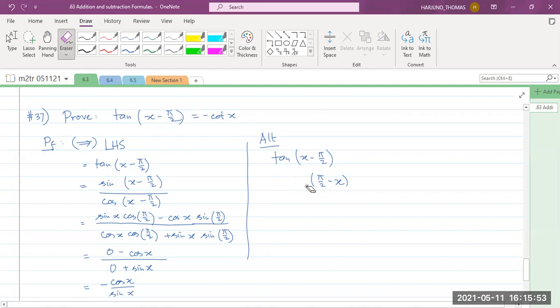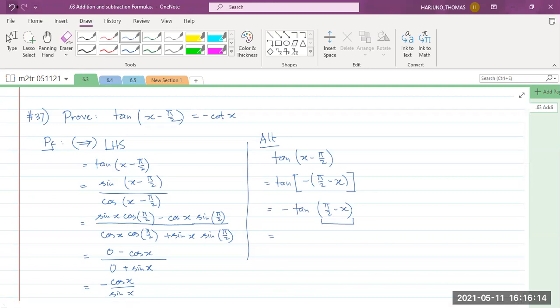This equals tangent of the negative blah. But tangent of negative blah is negative tangent blah. And we know this is actually the complement of x, right? So this equals negative cotangent x.